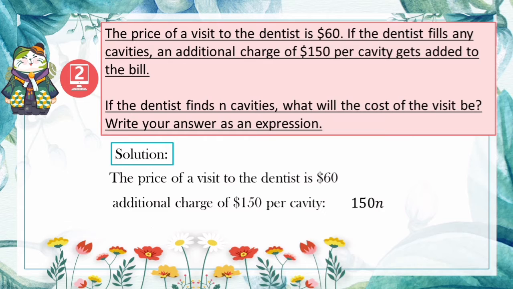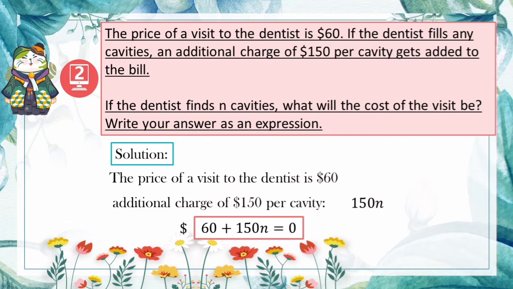So, if you have n cavities, it is going to be 150 times n. Now let's see if 60 plus 150 times n makes sense.